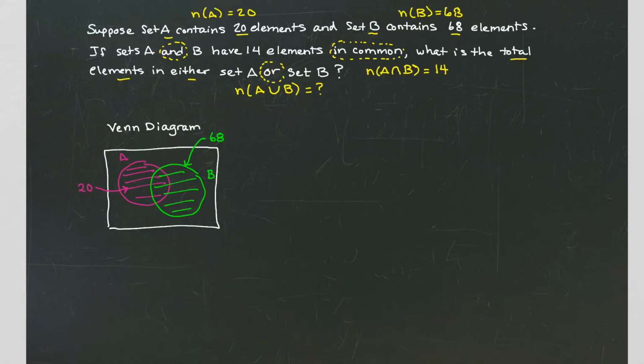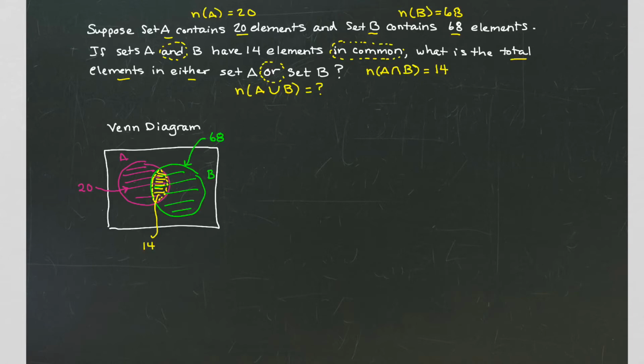And finally, I know one more piece to my puzzle, and that is my intersection. I know what's going on in the overlap, in this part in here where pink meets green. That's my intersection, and there's 14 elements that lie in there.